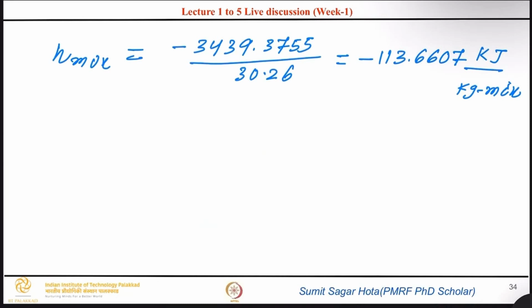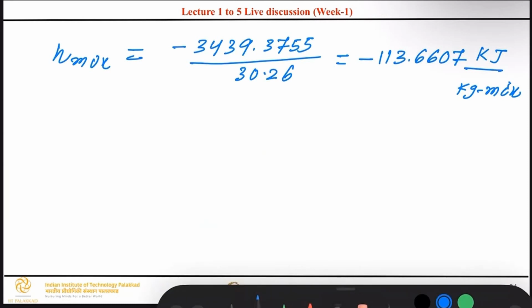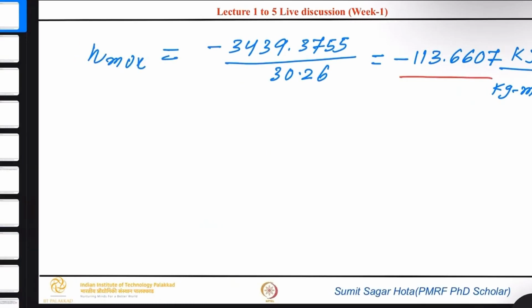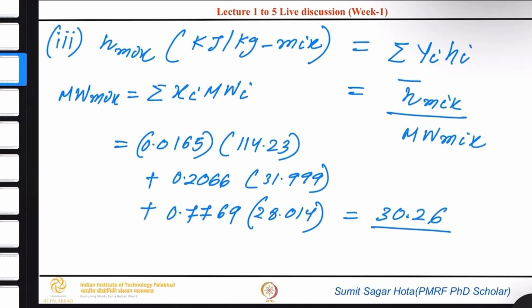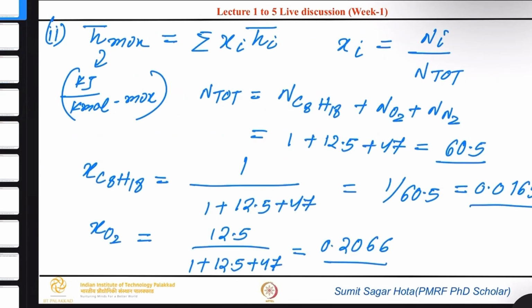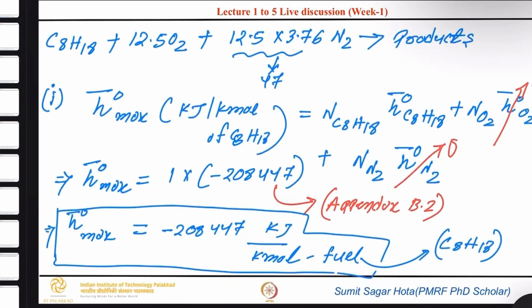Now, this is the result you get. This is your final result. Previously we got the values in terms of kilomole of mixture, then we got them in terms of kilomole of fuel.